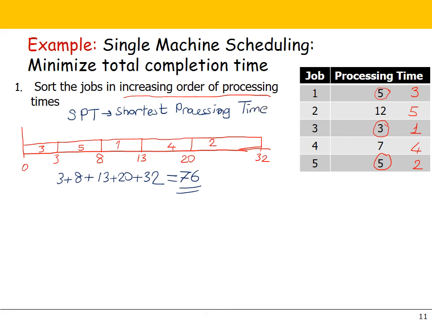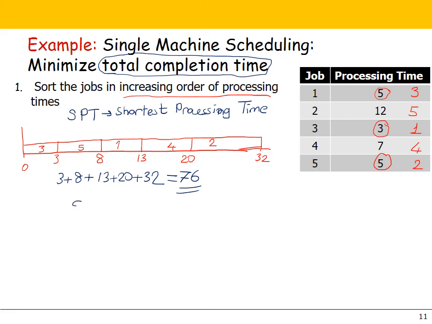So for this problem, if you want to minimize the total completion time, be careful with this definition: not makespan, not lateness, not any other thing, just the total completion time. And if there are no release times of the jobs, no ready times, all of the jobs are ready at time 0, which is this problem exactly as it is.